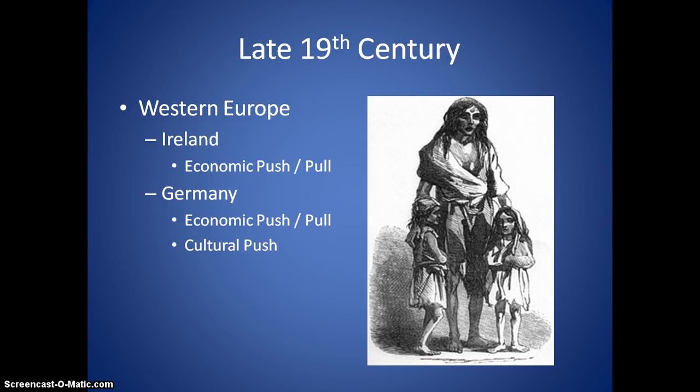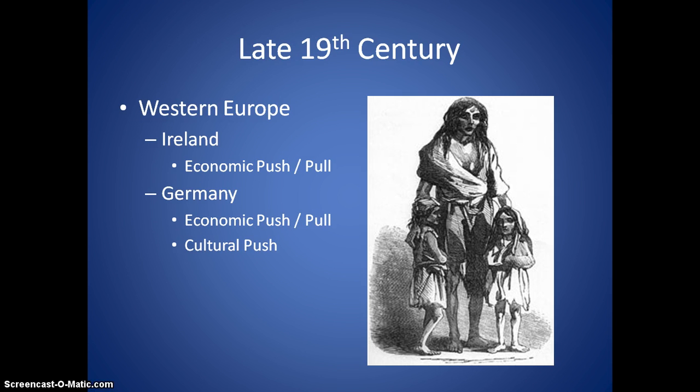That was the economic push factor, and then that ended up also pulling them to the United States, looking for new job opportunities. Now, I guess maybe you could say environmental push factor here as well, because of what causes the potato famine in the first place.